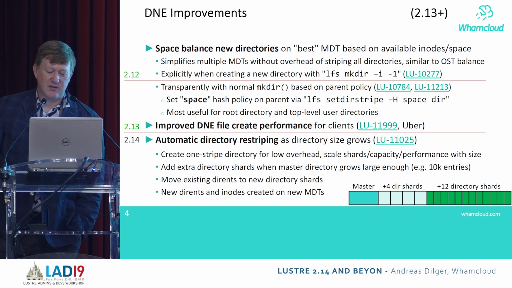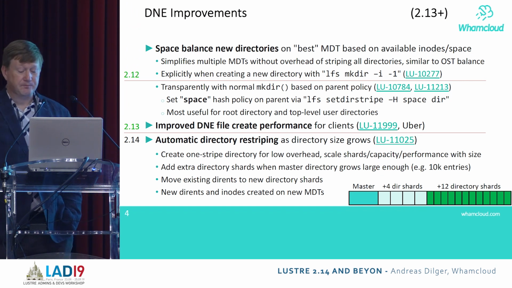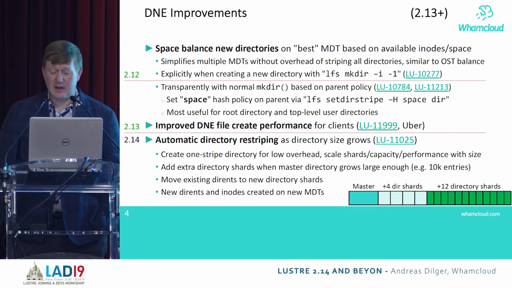And the good thing about this is that you can set the space hash on your root directory, whether you have one MDT or 10 or whatever, and as soon as new MDTs get added to the file system, it would immediately start distributing some load onto those new MDTs, right, once the top level directories. It's not totally perfect, but it's definitely a step in the right direction.